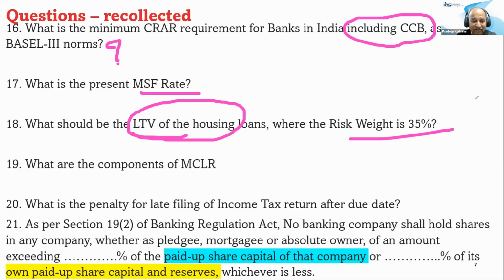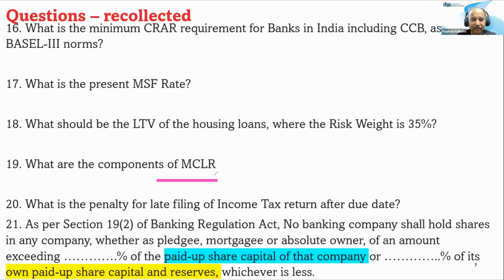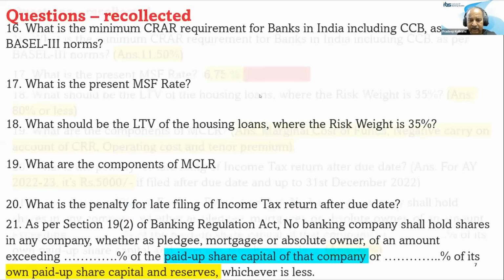And then components of MCLR, income tax return due date, penalty for late filing, and very, very important, section 19 of banking. Everywhere you will get these, right from scale 1, 2, 3, 4. Only the complexity of that particular question is different. Answers are like this.